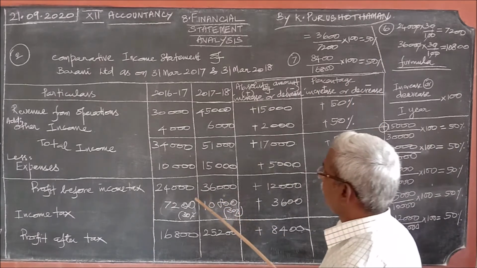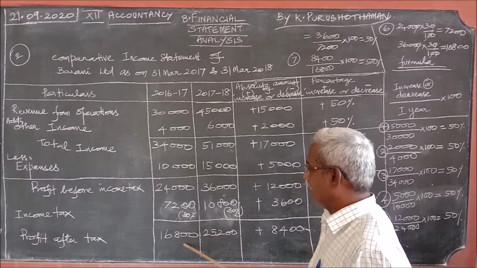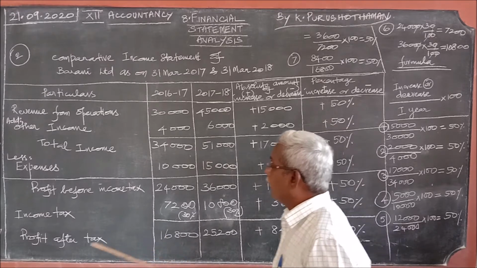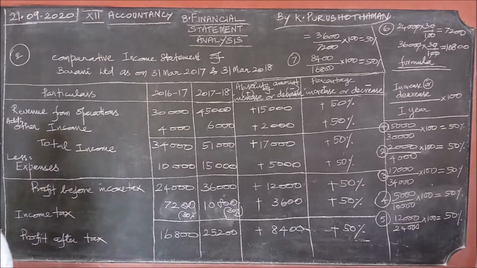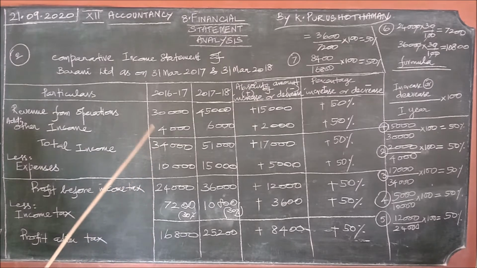And from the profit, the income tax is minus, then we will find the profit after tax. Even you can write here less income tax. From the profit only the income tax is paid. Therefore, to find the profit at the end, we should minus this income tax from this total profits.